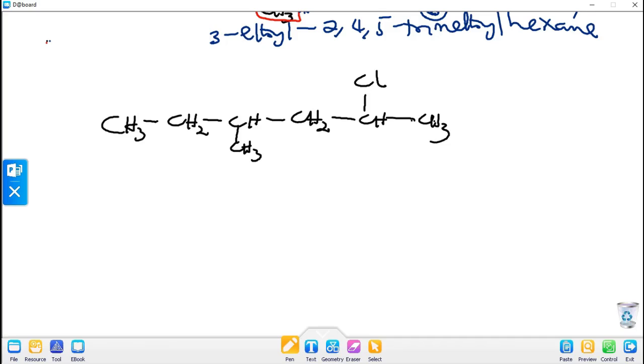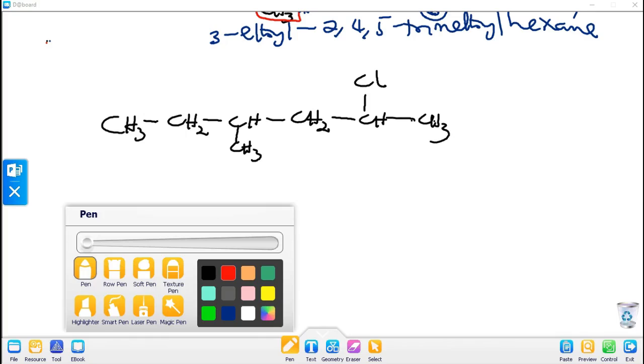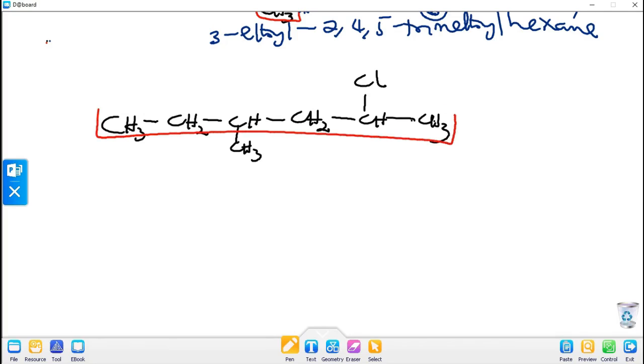So this is a compound. Now looking at the compound, where do we start numbering? Of course, we can see clearly that the parent chain is the straight chain. There is no argument over that. Where do we start numbering?